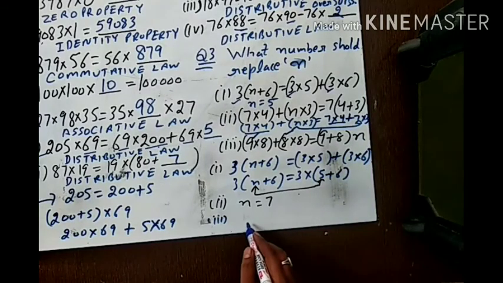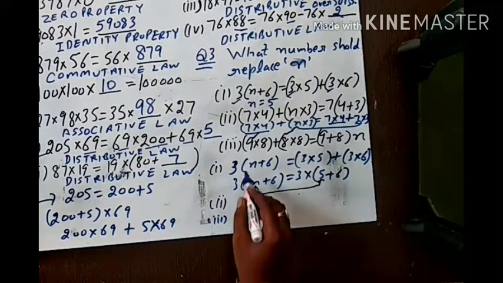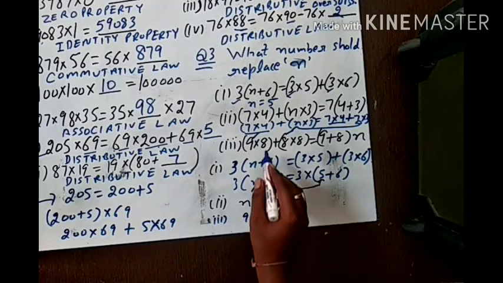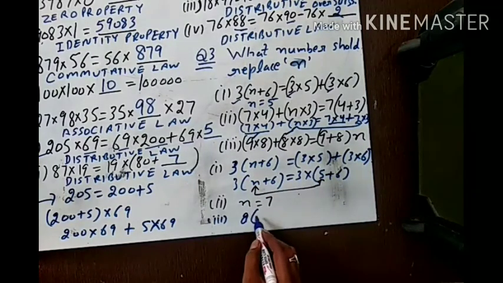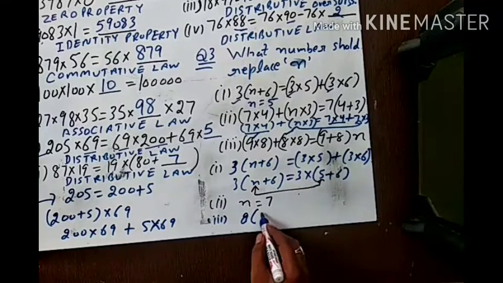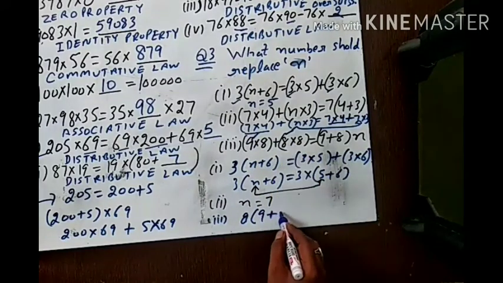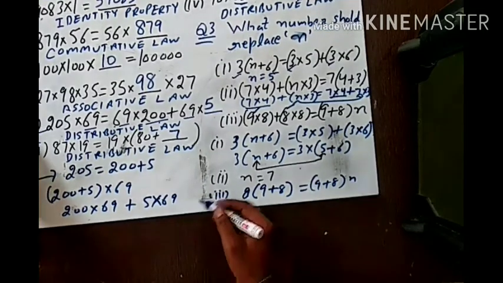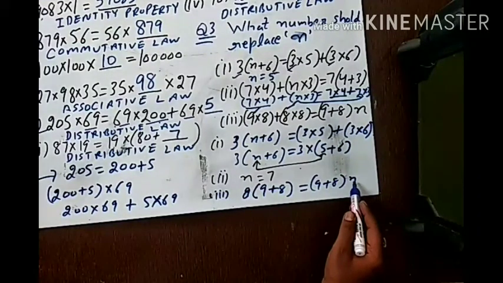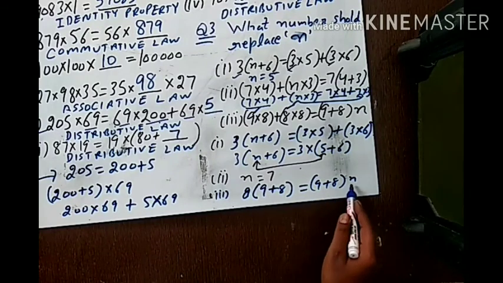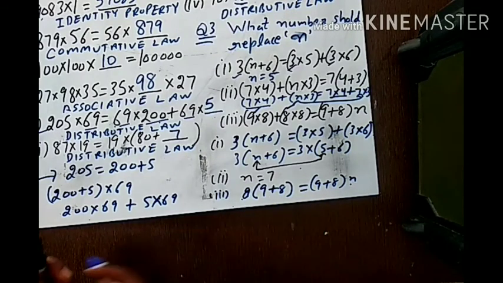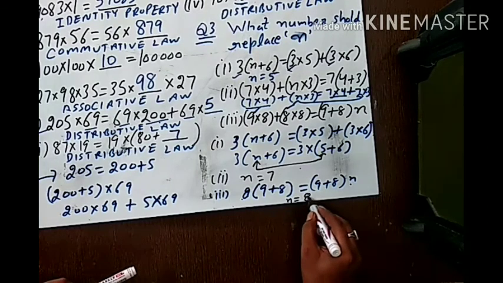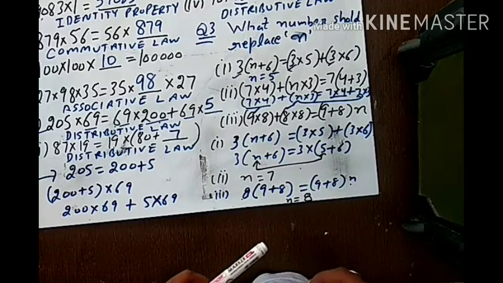So in comparison, 8 is common, so 8 is taken outside, and 9 plus 8 in the bracket, and in place of 9 we will write, as per the comparison, 8. So my answer is n is equal to 8.